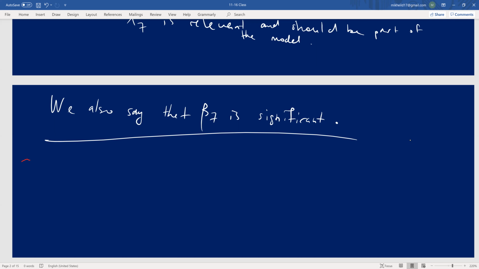Do you remember? Three. Very good. Can you tell me what are those ways? You could do the p-value test, the test statistic, and the confidence interval test.